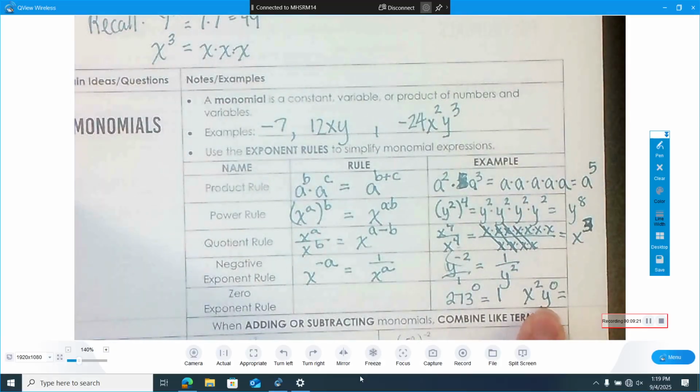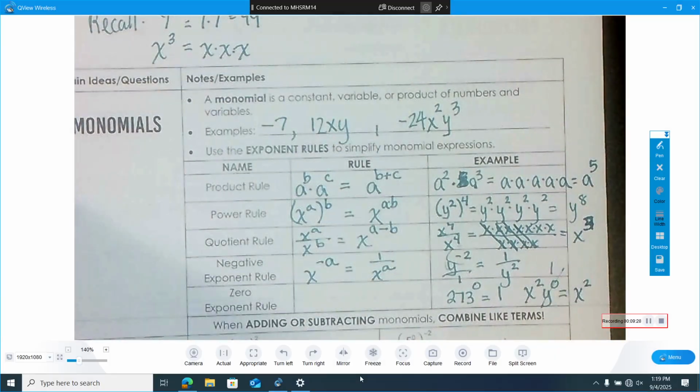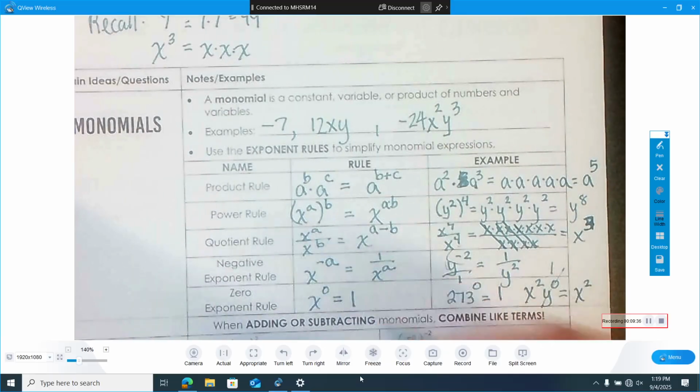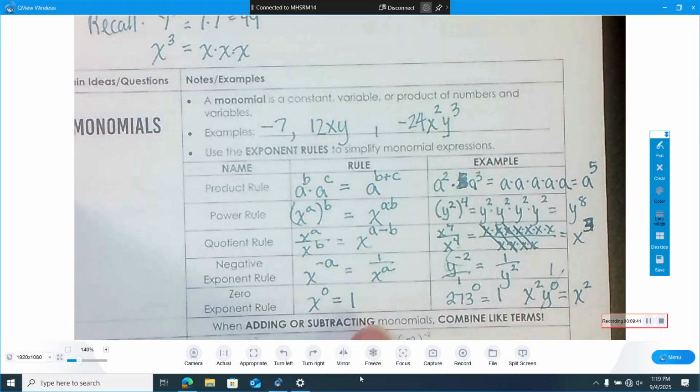Y to the 0 is 1. So this is just 1, and that leaves x squared times 1, or just x squared. All right? Anything to a power of 0 equals 1. That is the rule.